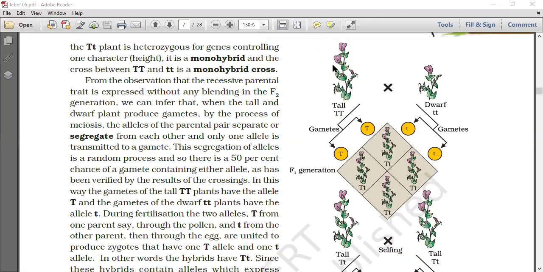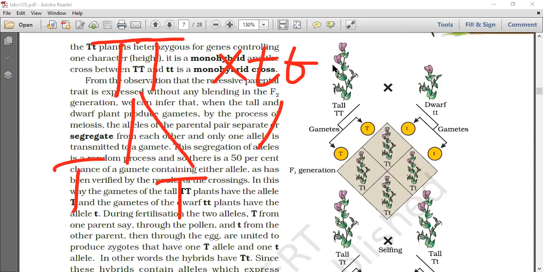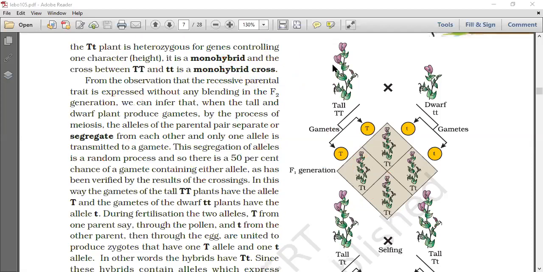So let us correlate these. We are talking in the parental generation. Here the gamete, capital T, capital T. Here small t, small t. That means for every theoretical sentence, we have to give some representation. If some representation comes to mind, it will be easier for you.